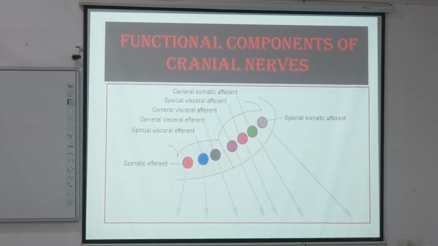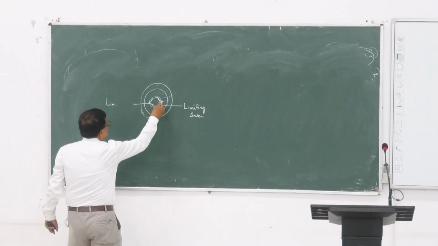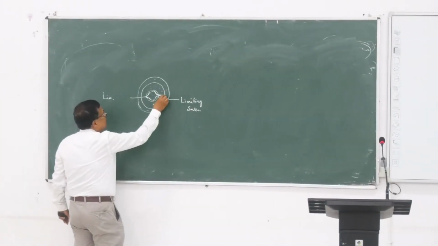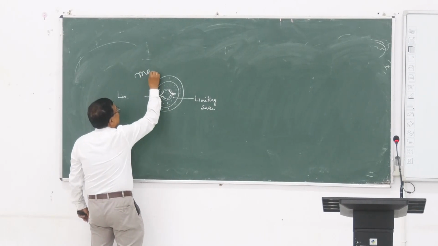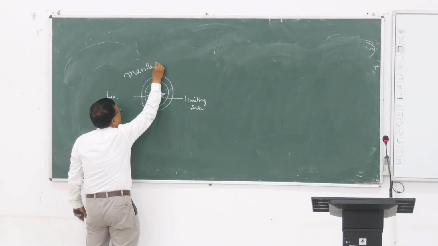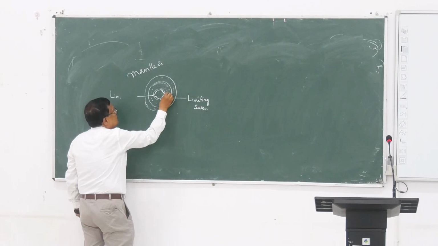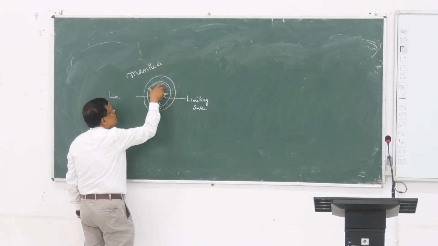এইটুকুনি শিখলাম। এরপরে এই limiting sulcus divides this mantle zone, এটাকে বলে mantle zone, into two plates.